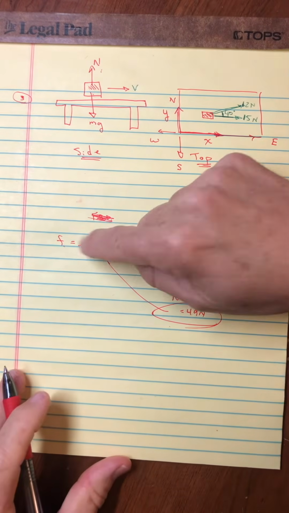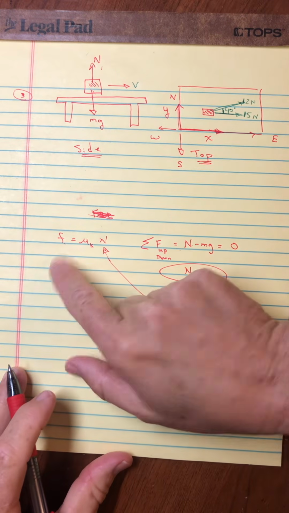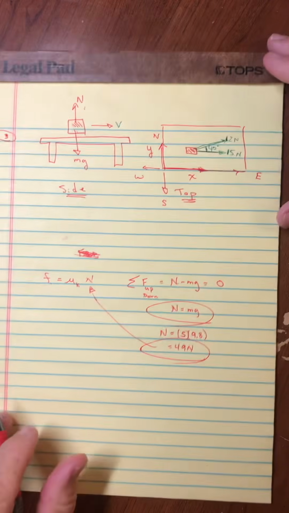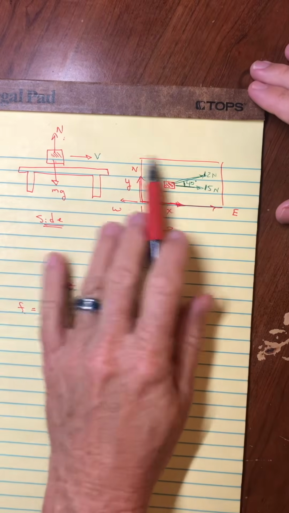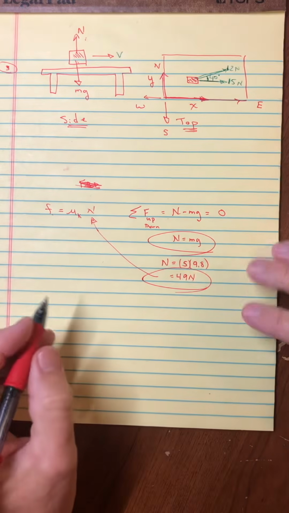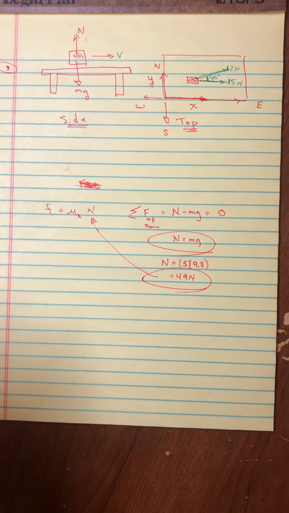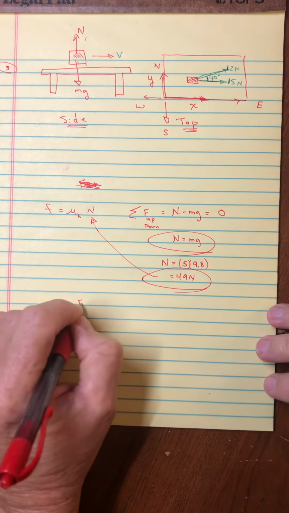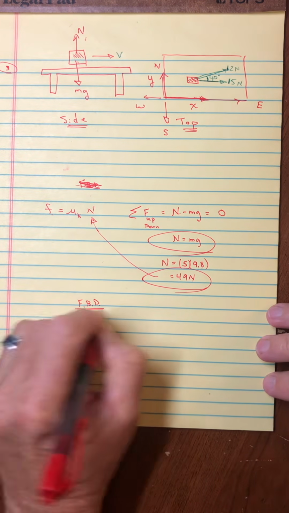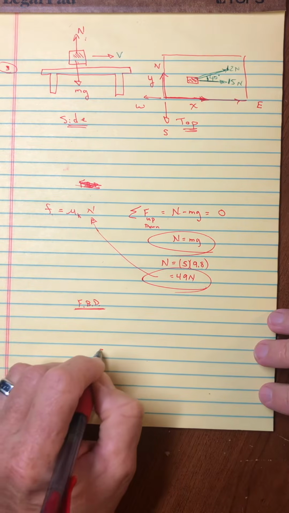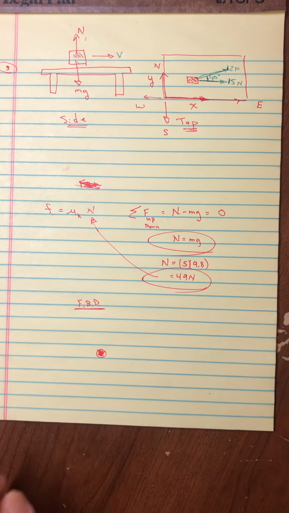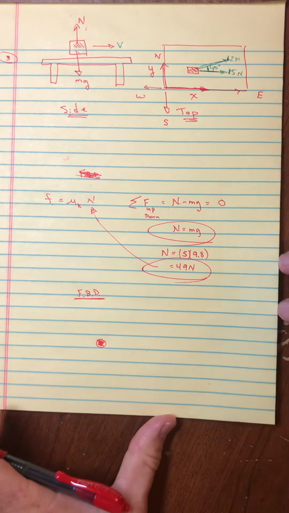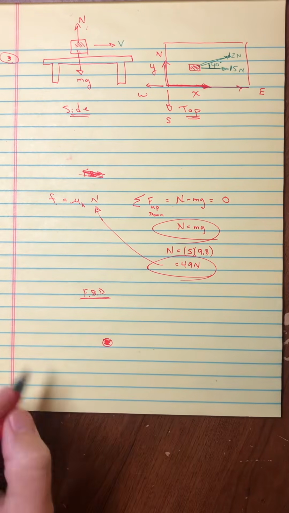Now, the hard one comes in right here as what is the frictional force. And that's where this kind of top-down view might be nice. Let me do the free body diagram in this top view. I'll just take this little rounded object, or a rounded dot, to represent my object.